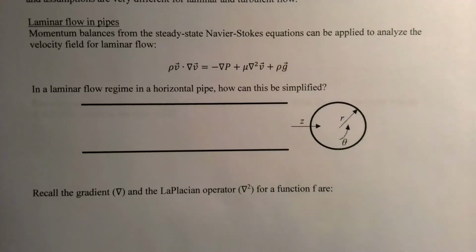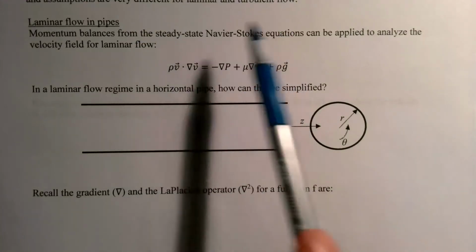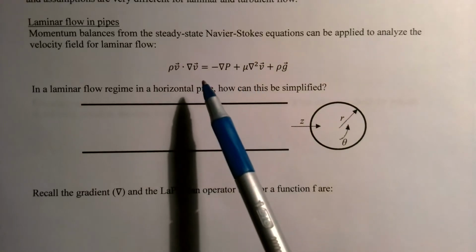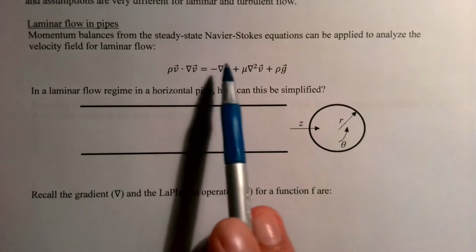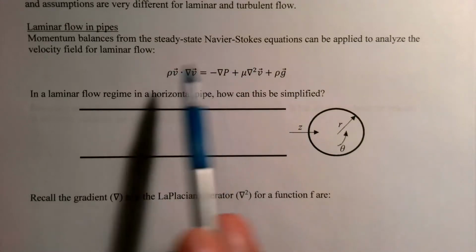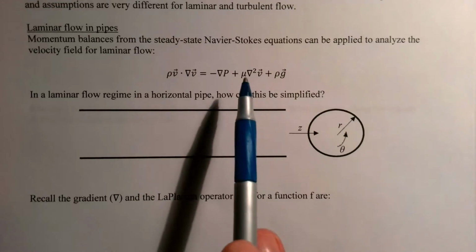And so momentum has to be conserved, and that means that we can use the Navier-Stokes equations, which are a conservation of momentum, to analyze the velocity at different points in a flow field. And so remember, this is the Navier-Stokes equations we've written before, and this is in 3 dimensions. So this del operator can have an x, y, z component.